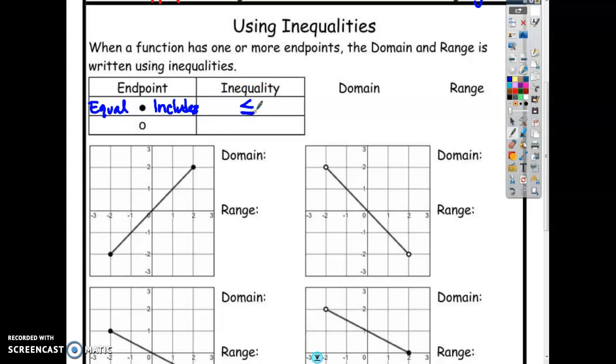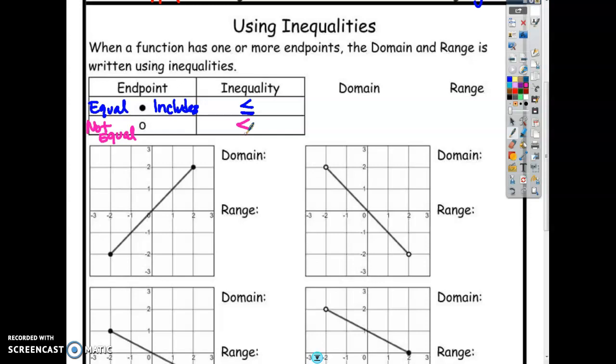Only if the point is closed. If the point is open, that means it does not equal. Not equal. And it is not included. So it's just going to have a less than, but no line underneath. Okay? No line underneath means it doesn't equal to that point.